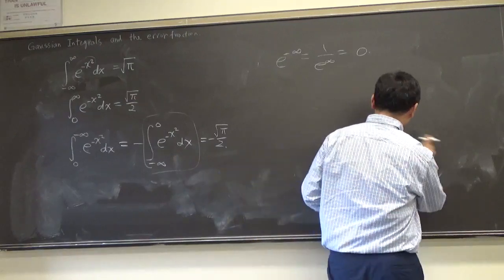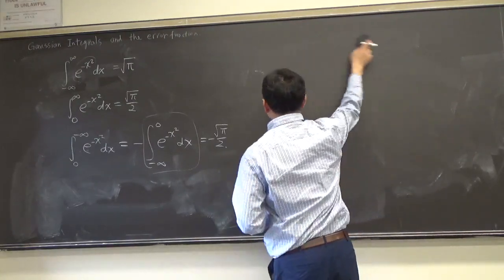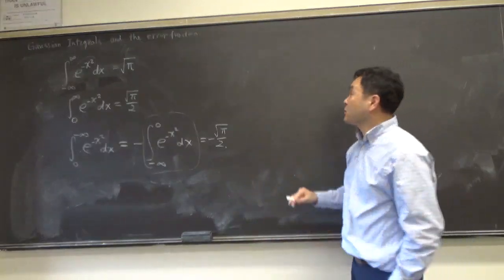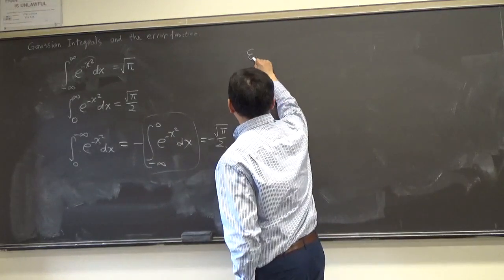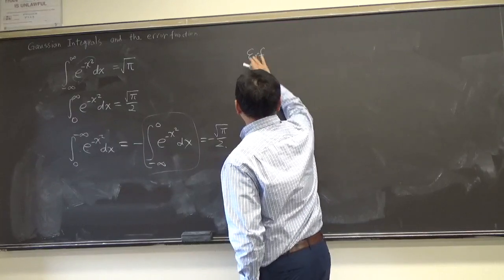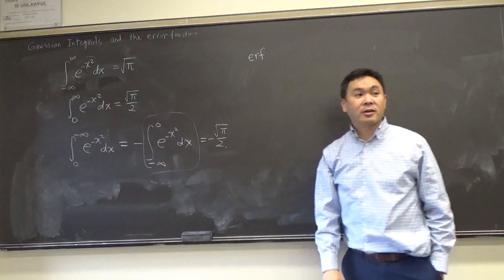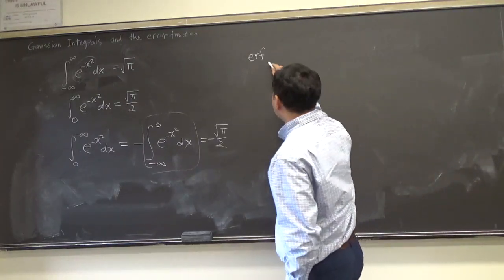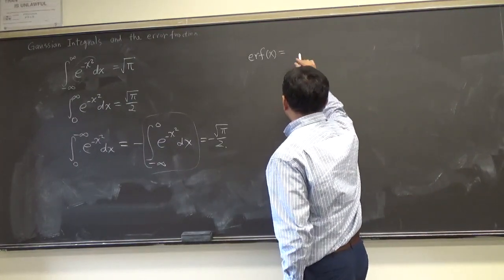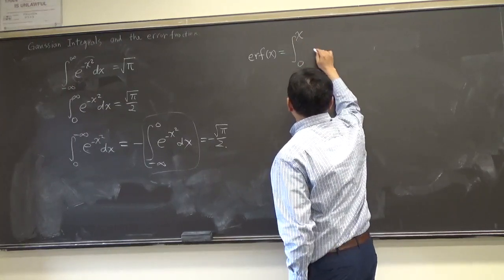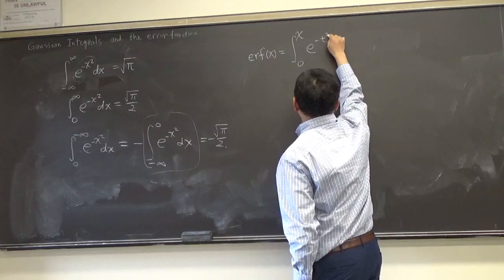So now I'm ready to define something called the error function, or just erf. erf of x is defined as you integrate from 0 to x of e to the negative t squared dt.